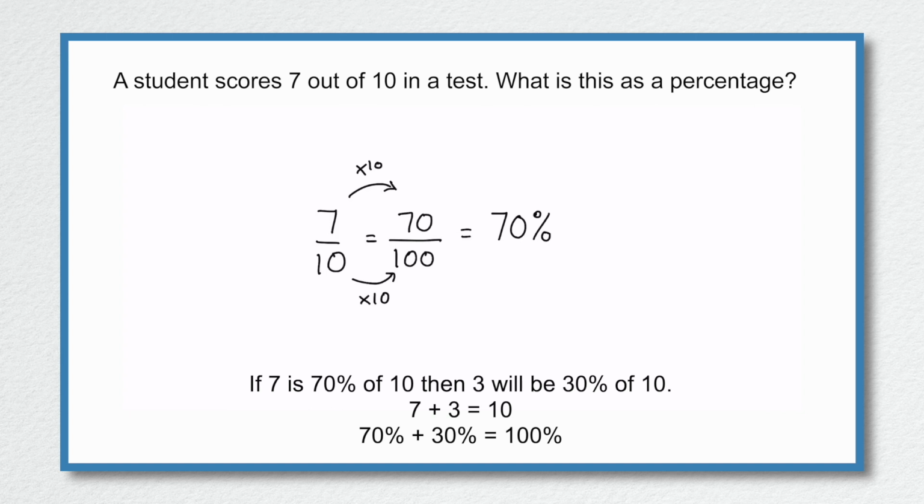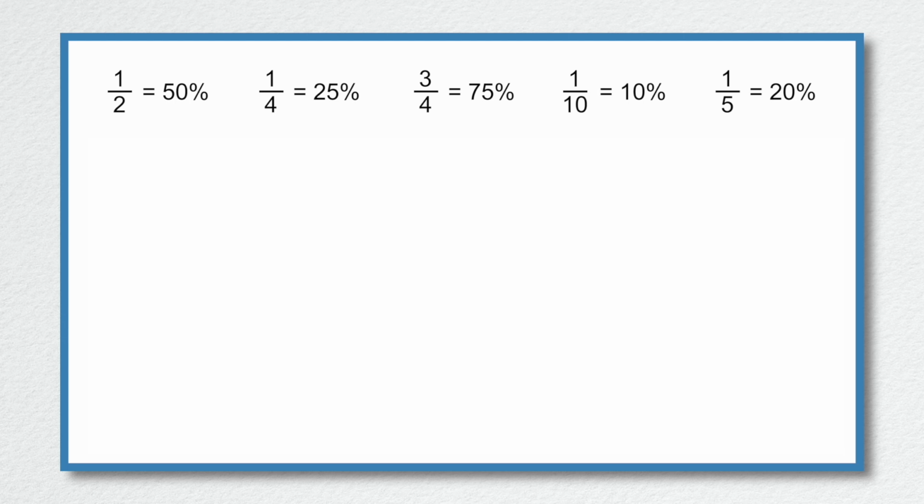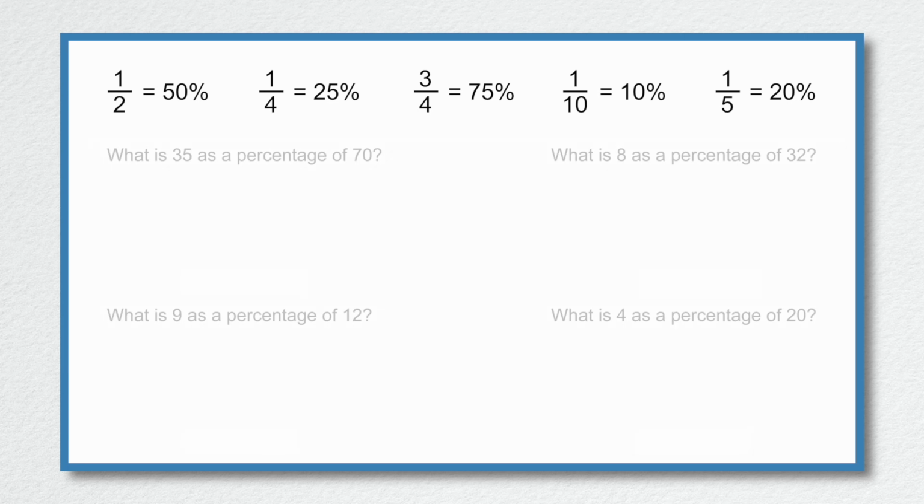And we'll begin by drawing upon what we already know. We know that a half, for example, is 50%, a quarter is 25%, 3/4 is 75%, 1/10 is 10%, and 1/5 is 20%. Here are 4 questions that draw upon this information.